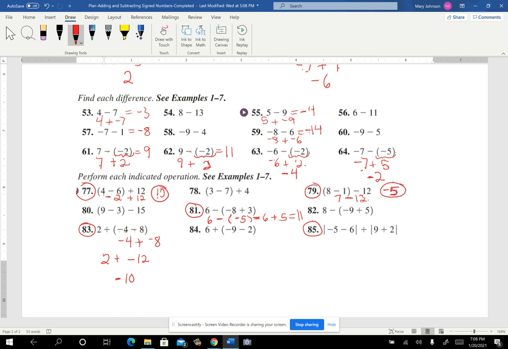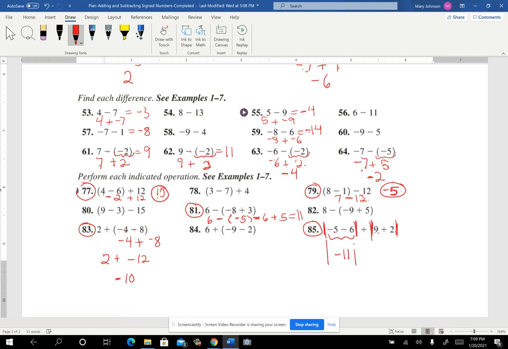All right, now let's move over to 85, which has absolute value. Those are not ones, so make sure you're really seeing those long enough so they don't look like ones. So they're grouping symbols. You've got to do what's inside each of these. And a -5 and a -6, if you combined it, would be -11.